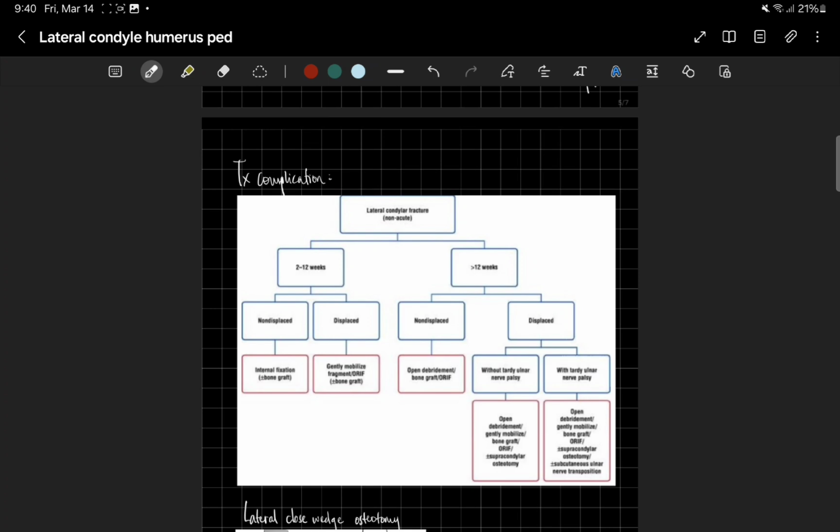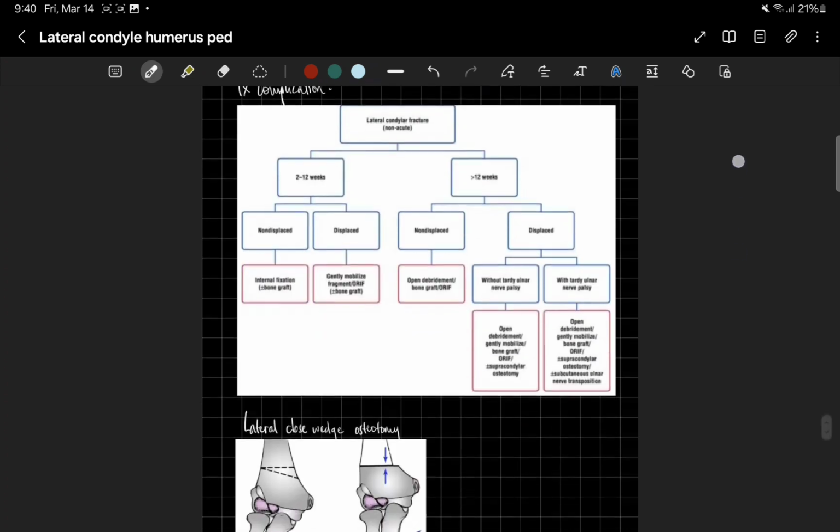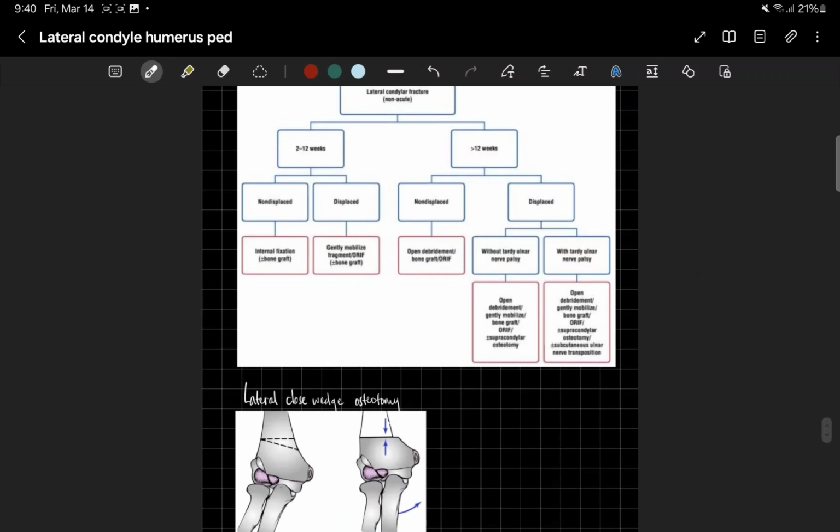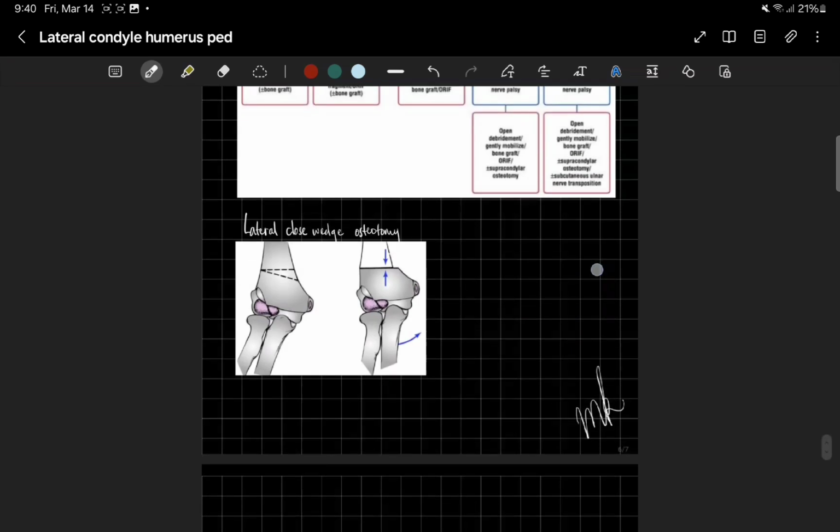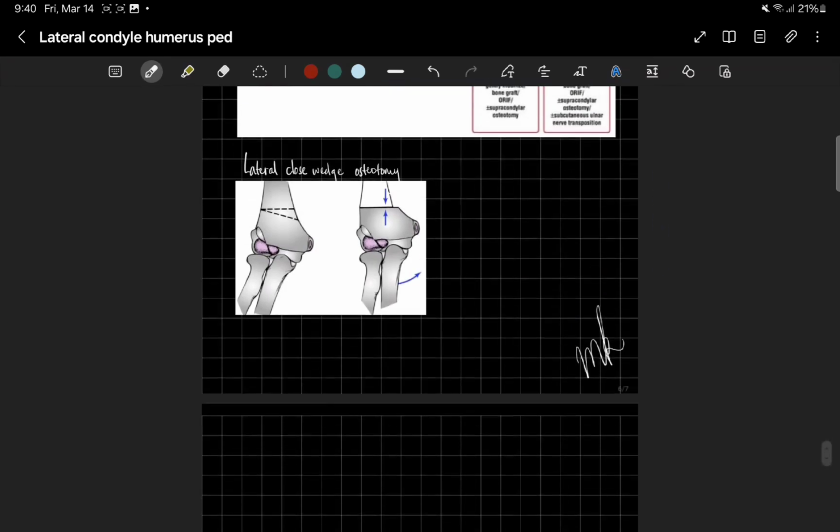For the displaced one, we define whether there is a tardy ulnar nerve palsy or not. It is simpler if there is no tardy ulnar nerve palsy, so we can just do open reduction, bone graft, and supracondylar osteotomy. As we know here, the lateral closing wedge supracondylar osteotomy.